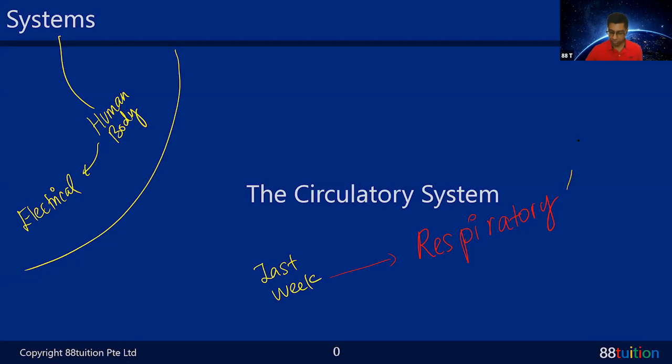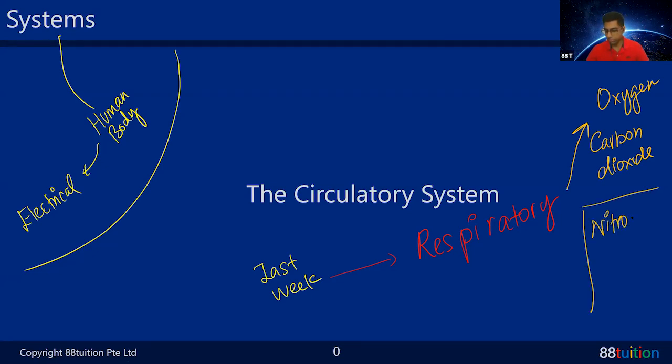Respiratory, we talked about mostly, remember, we needed to know what the air is made up of, the components of the air. Of course, there are some more components which we breathe from. And then what our lungs do. So we took in the lungs.